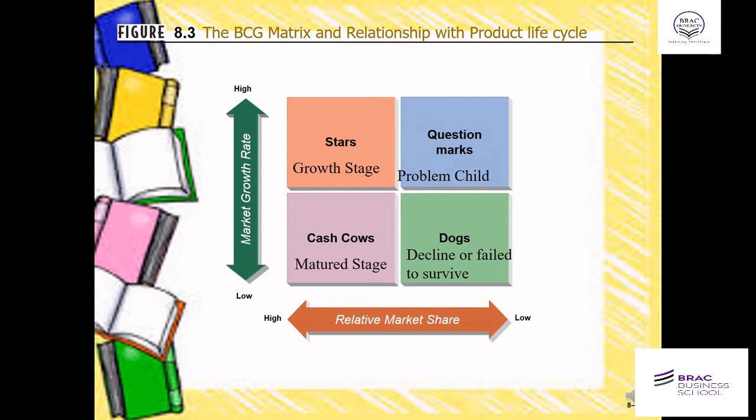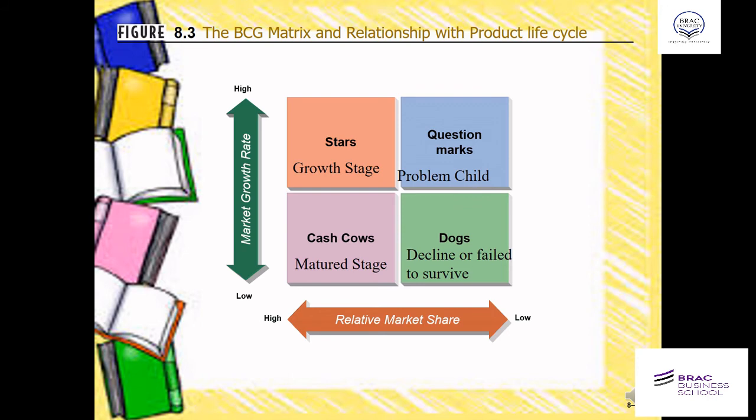So how are we going to handle the profit? Here we are investing the profit of cash cow into stars, as stars require more investment since they have more growth opportunity. Cash cow is going to generate a moderate amount of profit, and we are going to invest that profit in stars.